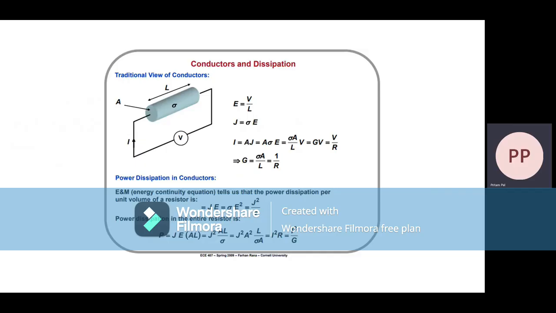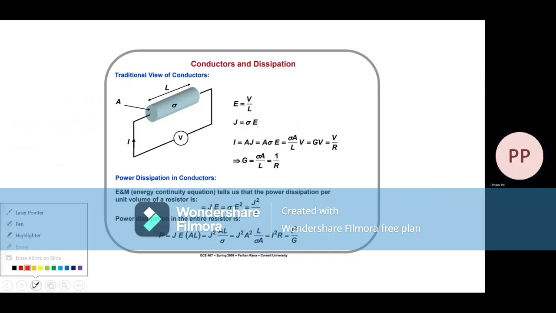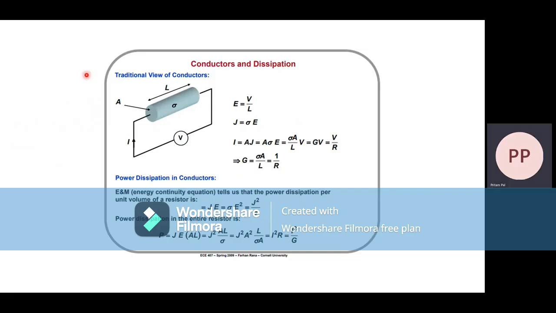Let me see, I hope my pointer is visible. So this is a conductor having length L and conductivity sigma, and it has a cross section of A. Now if we connect both the ends of the conductor with a battery, because of the driving electromotive force, charge will flow from one end to another end.